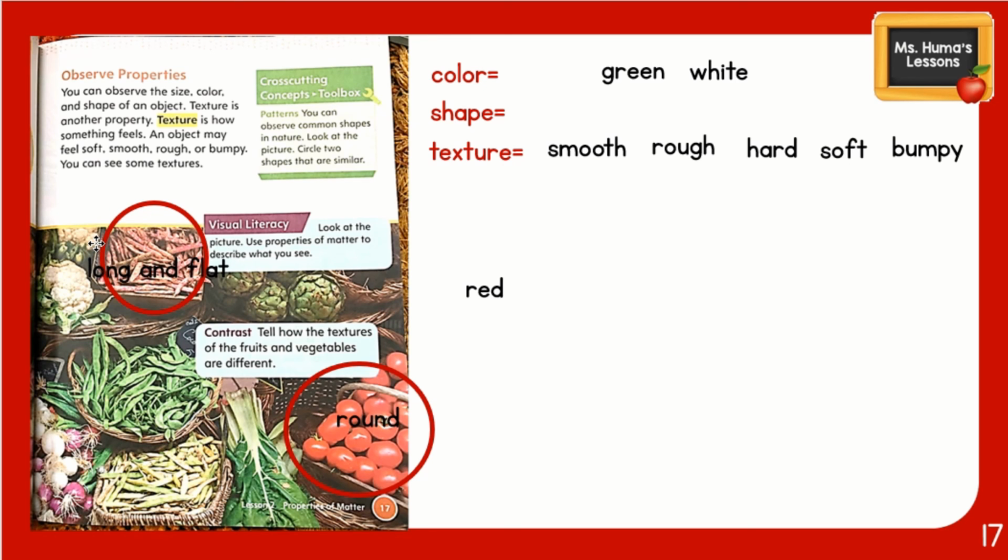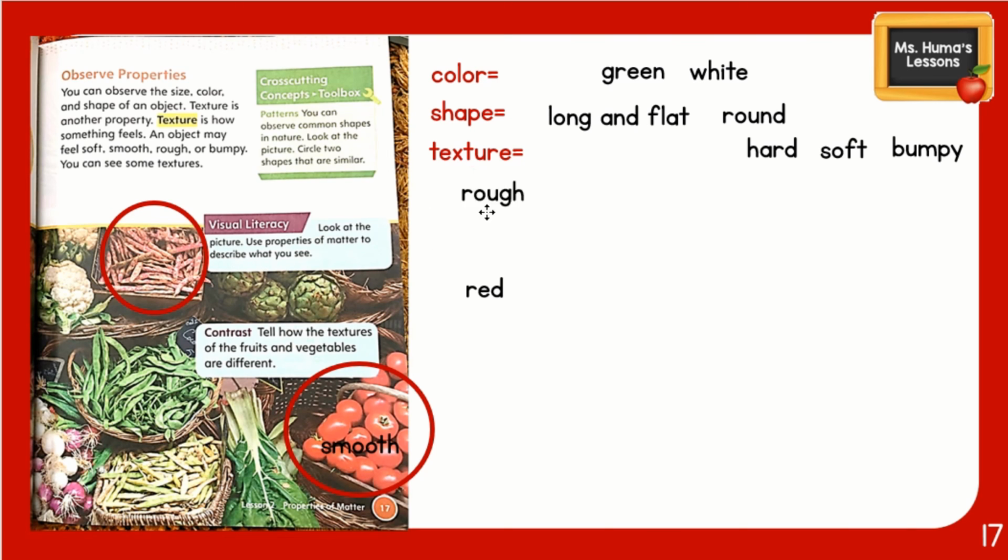So they have different shapes. What about the texture? Do they have the same texture? The same feel when I touch them? No, I see that tomato is smooth and the red chili is rough. So this way, using these texture words, the color words and the shape words, I can compare any of these vegetables.